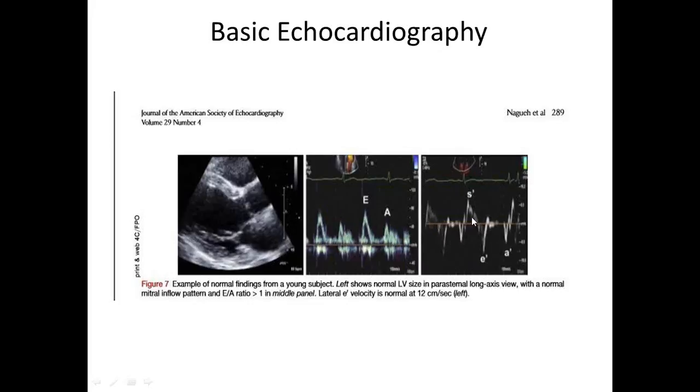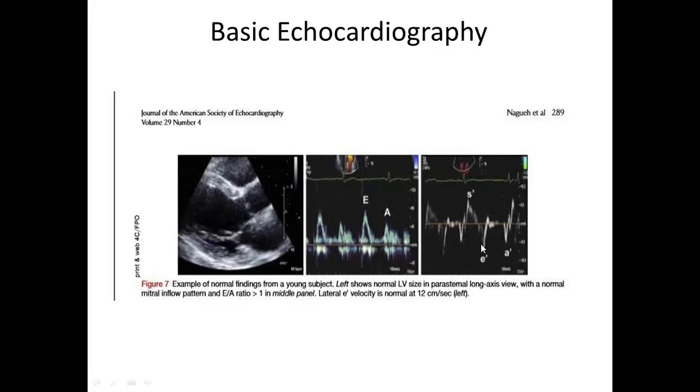If you were to do your mitral annular velocity, then you get your S prime. I said the S prime is when the mitral annulus moves up towards the apex in systole, and then in diastole you have two components, an early and a late component.